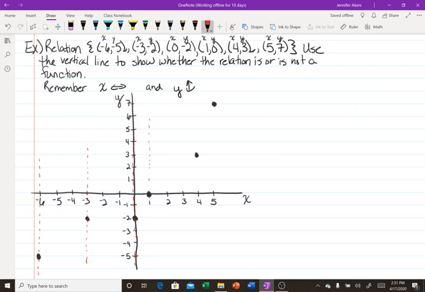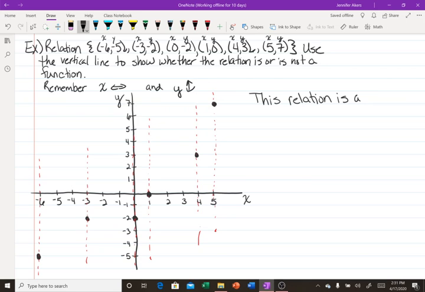X is 1, 1 point. X is 4, 1 point. X is 5, 1 point.